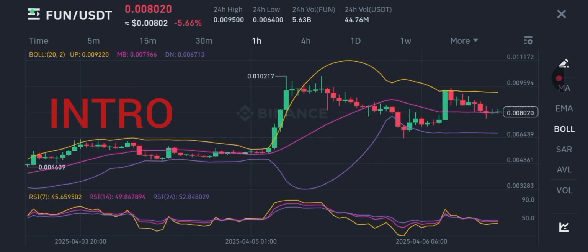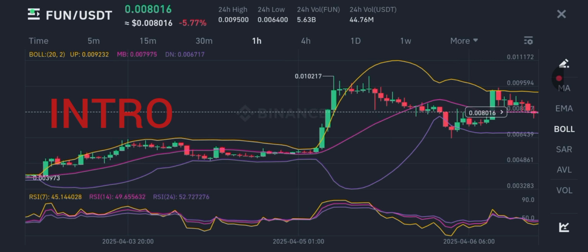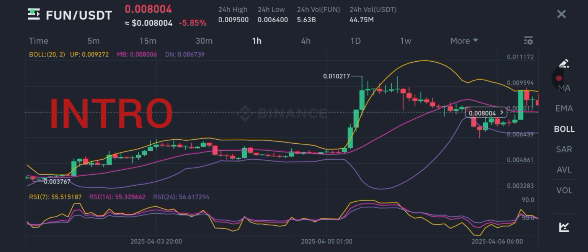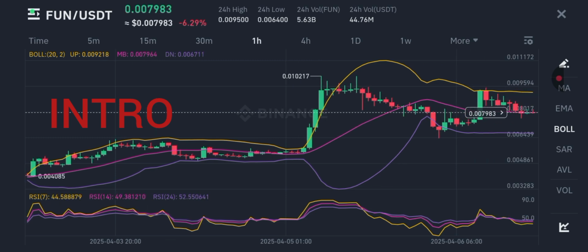Candlestick patterns are crucial in crypto trading because they help traders analyze price movement and predict market trends. They also help traders identify market trends, which show whether the market is bullish or bearish.